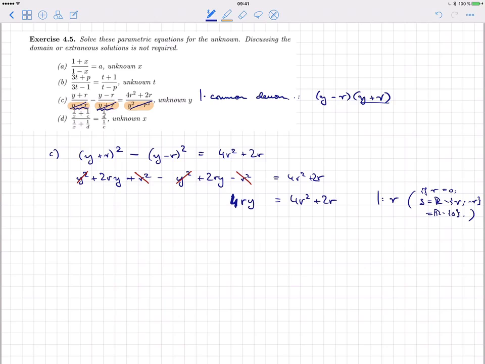But I'm not asking this from you. So we get 4y equals 4r plus 2. We divide out 4 and get y equals r plus 1/2.